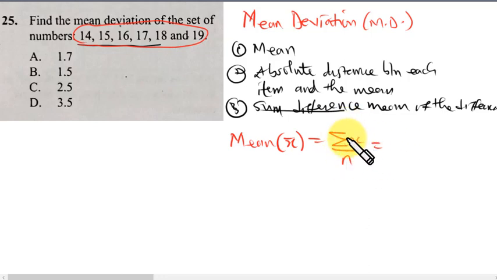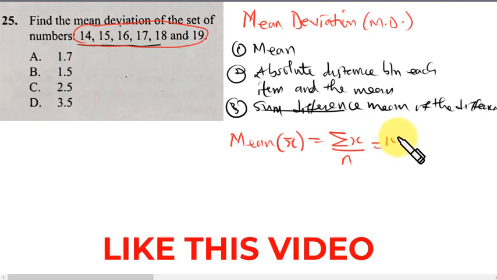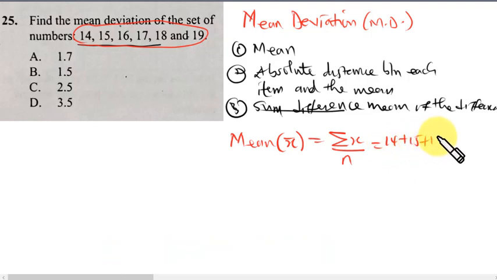Now what this means is that we have to sum all of the values that we have here. So we say 14 plus 15 plus 16 plus 17 plus 18 plus 19. And how many do we have here? We have 1, 2, 3, 4, 5, 6. So we divide by 6.